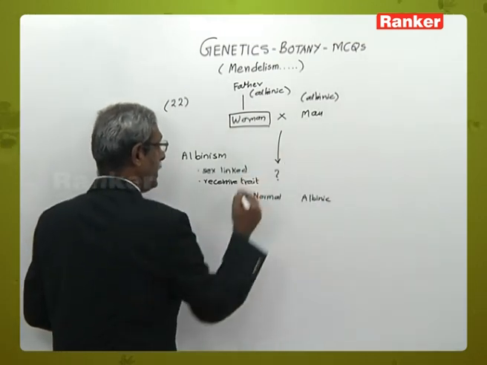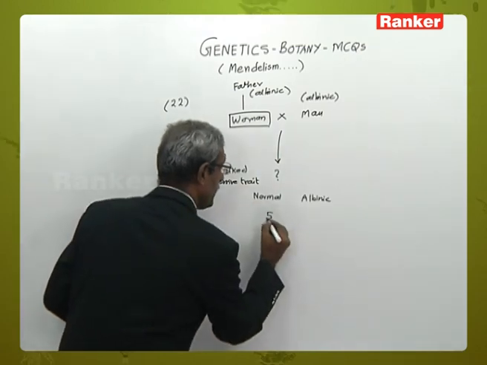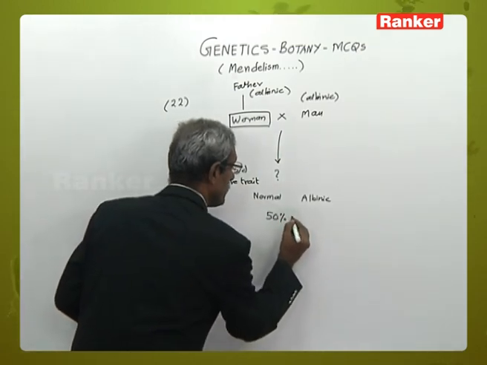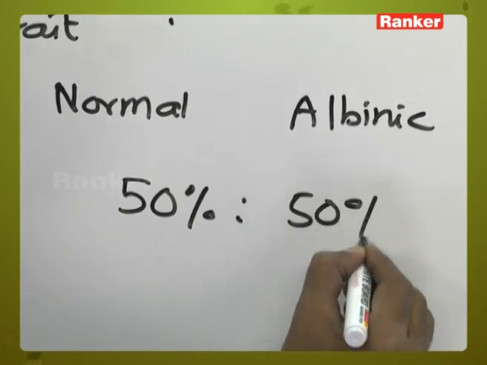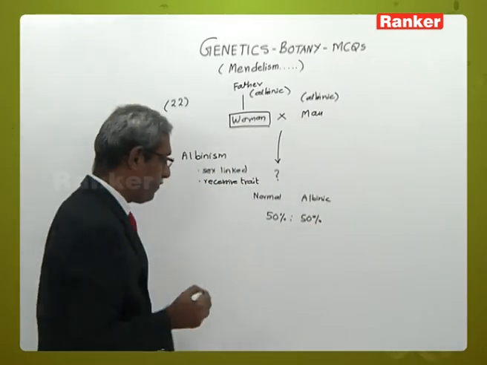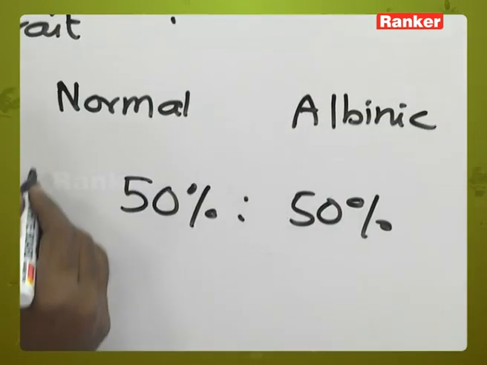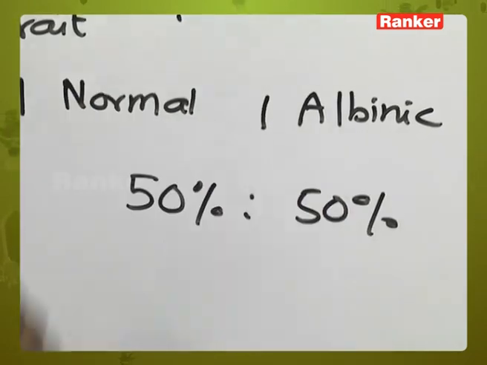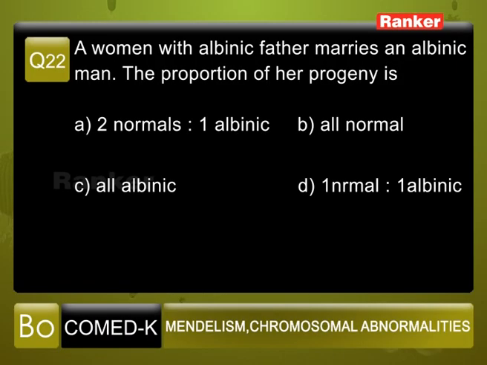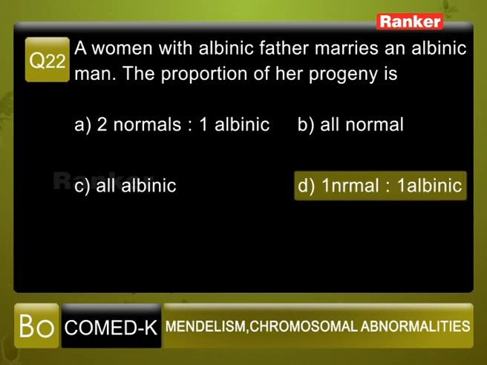Thereby, the probability occurs as 50% to 50%, or 1 is normal and 1 is albinic. Hence, the correct answer is D.